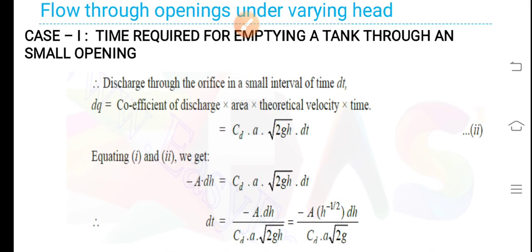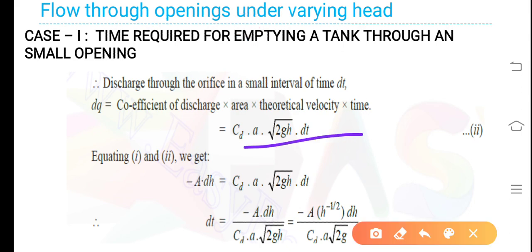Therefore, the discharge through the orifice in a small interval of time dt becomes dq, equal to the coefficient of discharge multiplied by area multiplied by theoretical velocity into time. That is Cd a root 2gh multiplied by dt, which you have already studied in Fluid Mechanics 1.